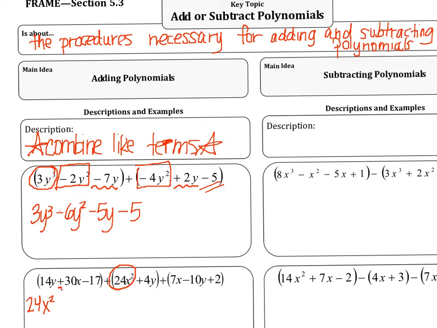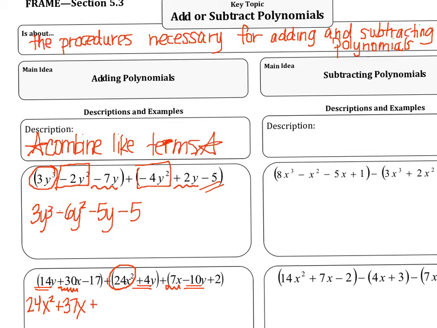So I've got 30x plus 7x, so 30 plus 7 is positive 37x. Then let's do our y's. I have 14y plus 4y plus negative 10y. 14 plus 4 is 18, plus a negative 10 is 8.